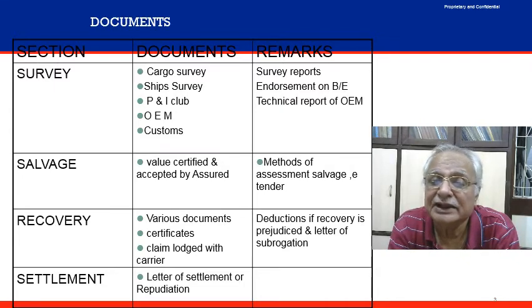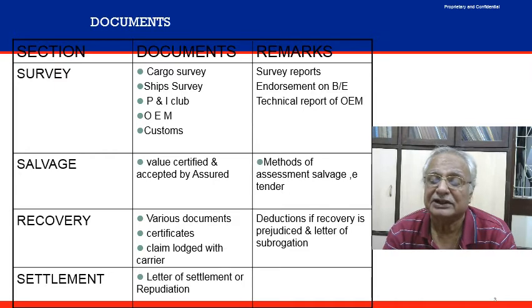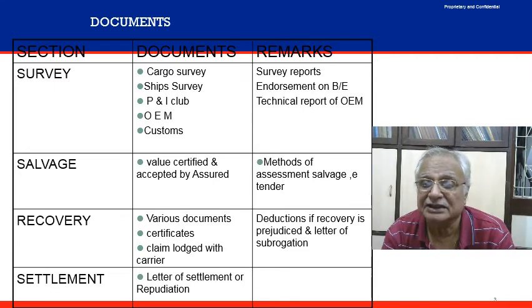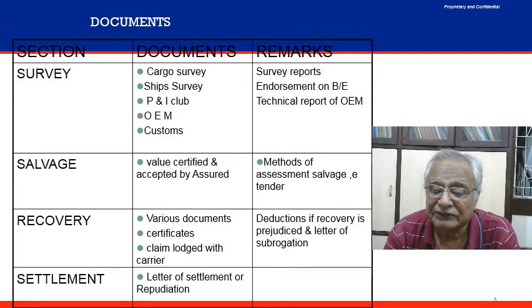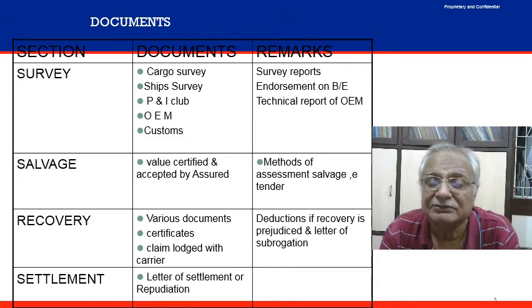Then there is also a customs appraiser, because if the consignment is in damaged condition, as per customs rules and regulations, since January 2021 the custom duty has to be paid before arrival of the vessel.